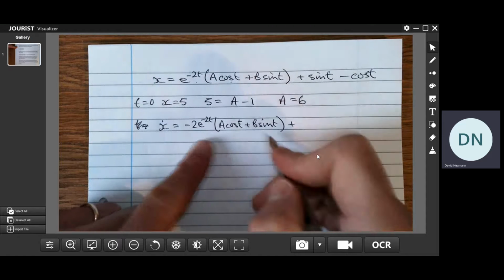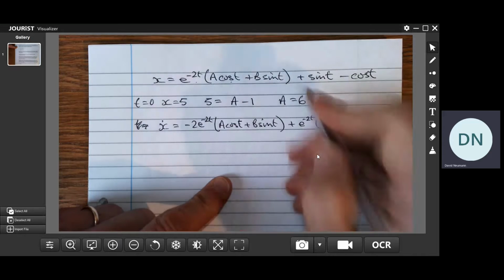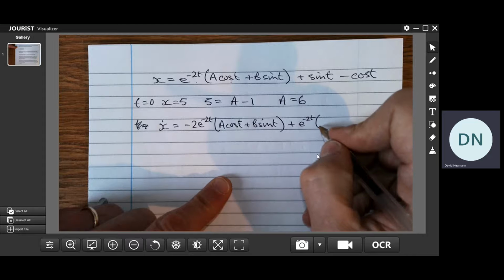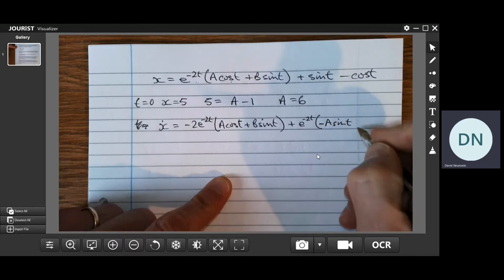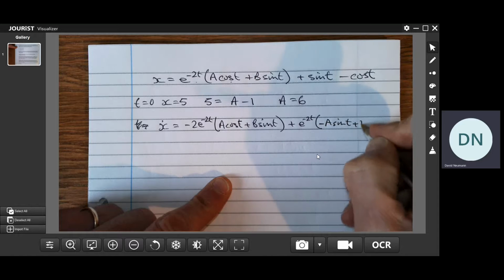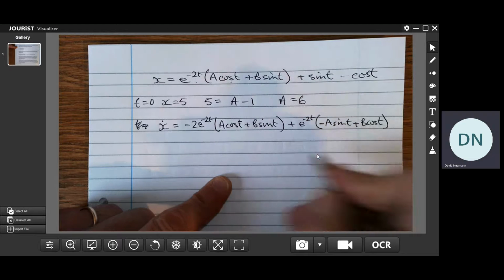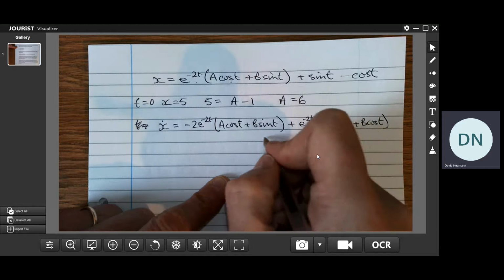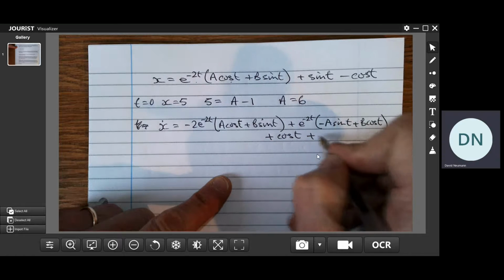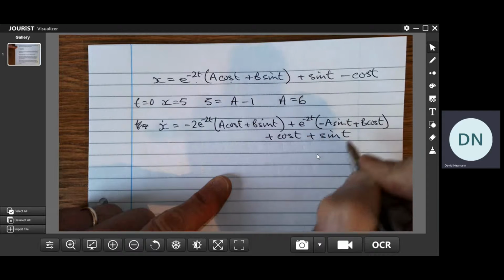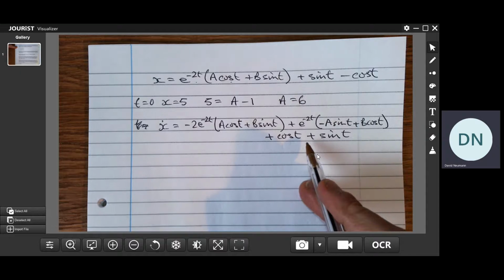This is just half of my product rule, e to the minus 2t, then we're going to differentiate what's in the bracket. So that's going to be minus a sine t plus b cos t. And then we've also got to differentiate these. So we're going to say that that's plus cos t plus sine t. Is that right? Yeah.